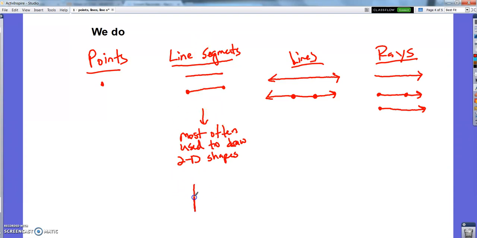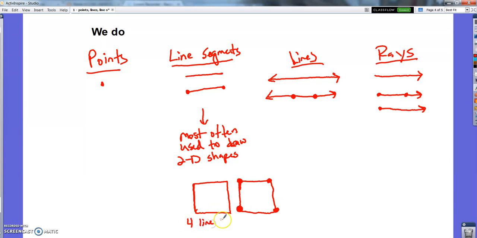So if I were to draw this square or this square, like that, that's 4 line segments and 4 points. That's how I would make a square. I can draw the points or not. They're there even if you don't draw them because they're where the line segment ends.